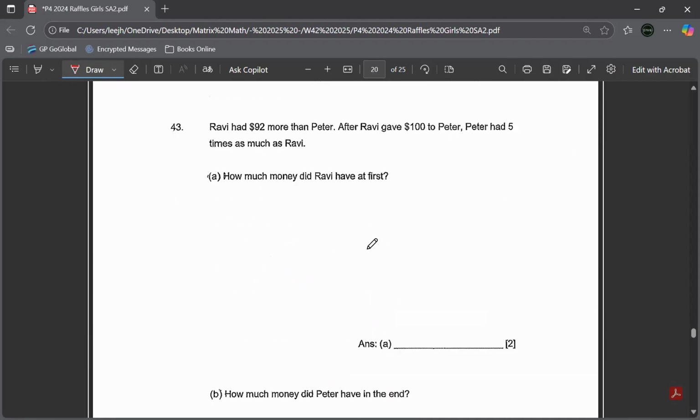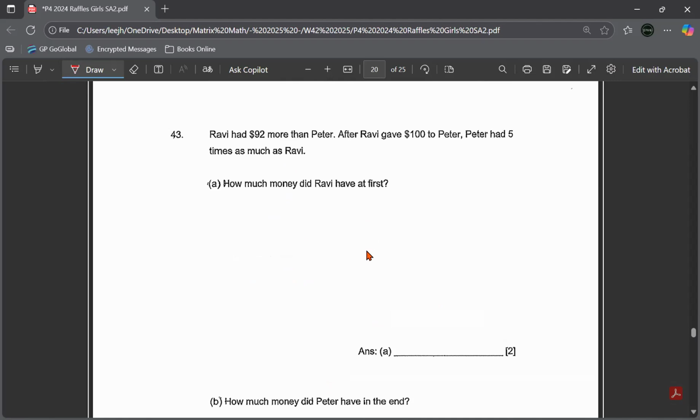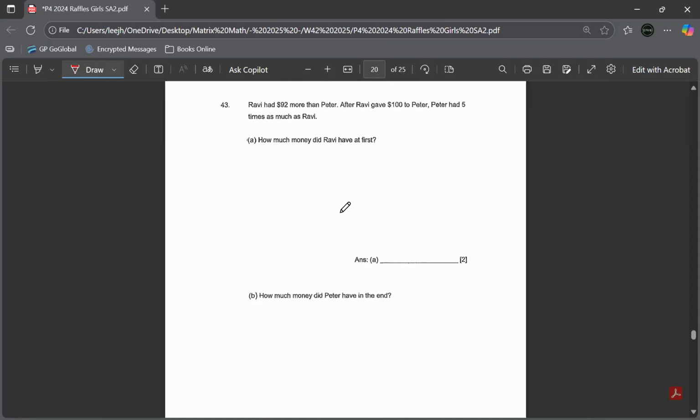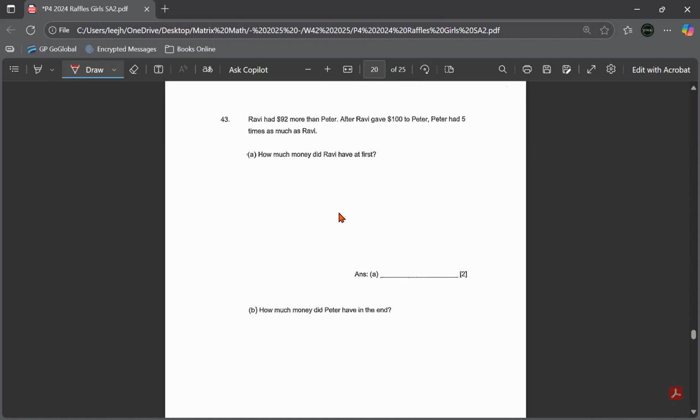Question number 43. Ravi had $92 more than Peter. After Ravi gave $100 to Peter, Peter had 5 times as much as Ravi. How much money did Ravi have at first? Okay, wait. Maybe I do it like that, easier. There you go. Okay, so draw. Ravi had 92 more than Peter.